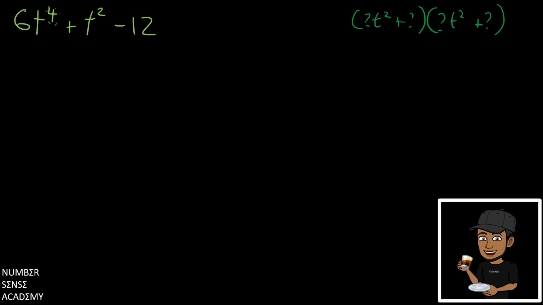As long as the biggest degree is twice as much as the second degree, then you have nothing to worry about. If that wasn't the case, if you had 6t^5 plus t^3, you couldn't factor this, right? It wouldn't work out, or there has to be another way for you to factor it. So we're in good shape. Just check that it's double.